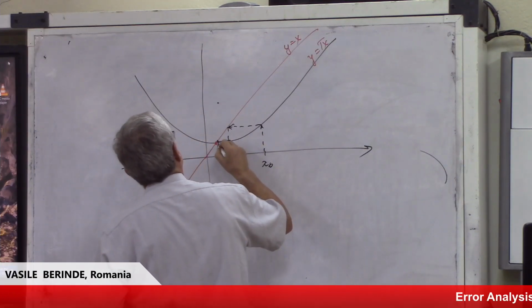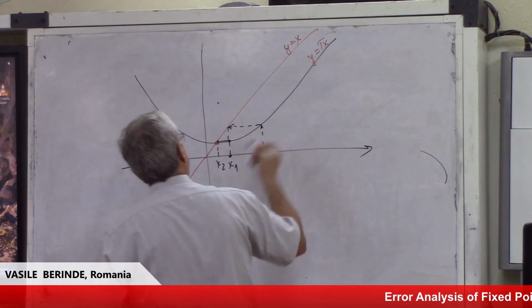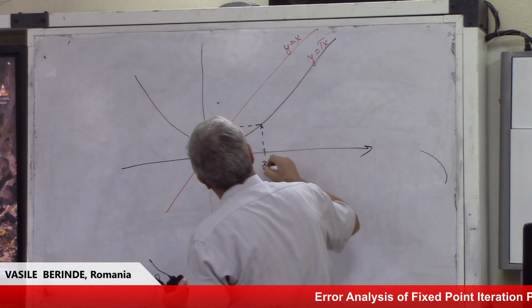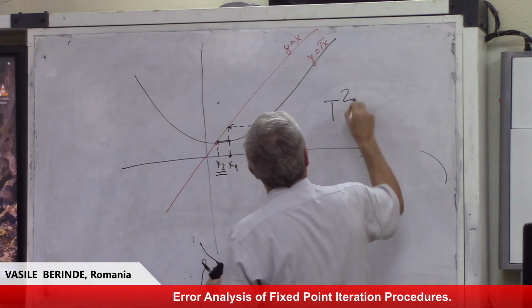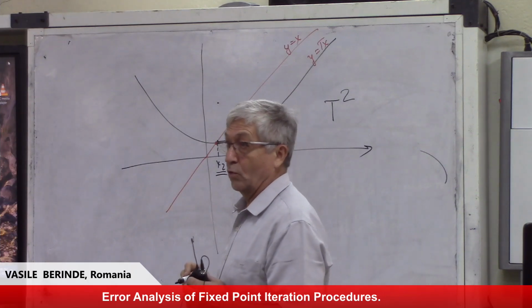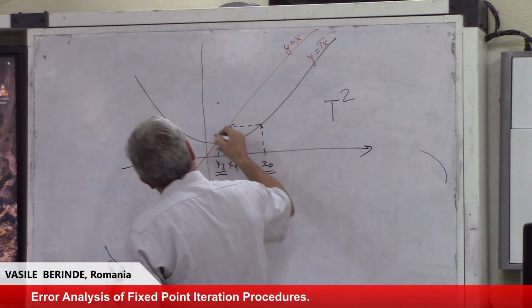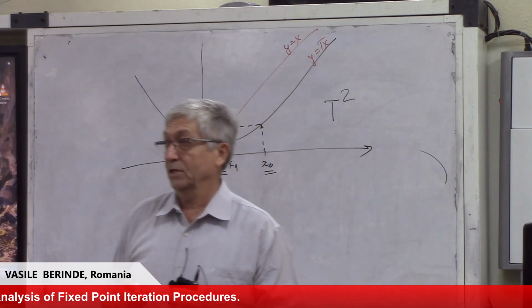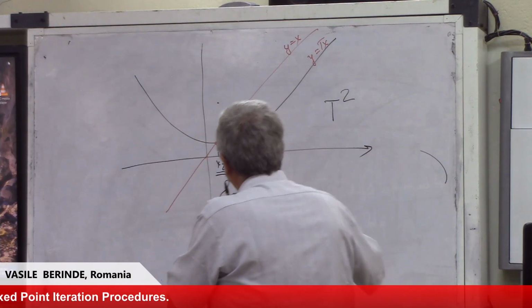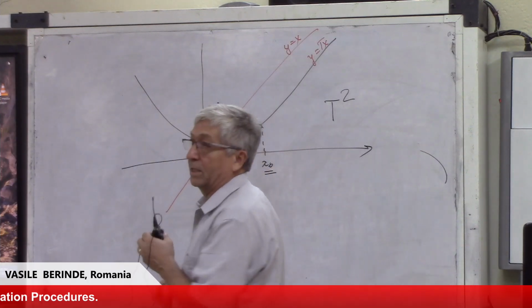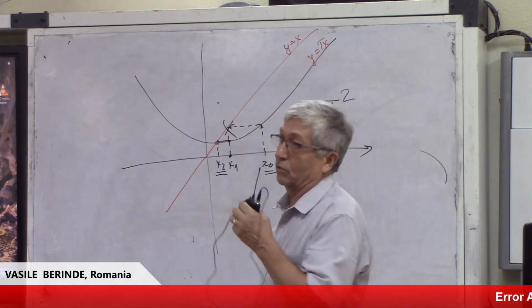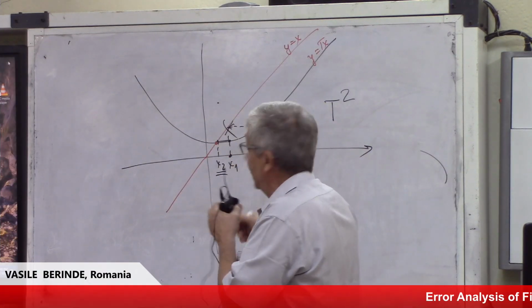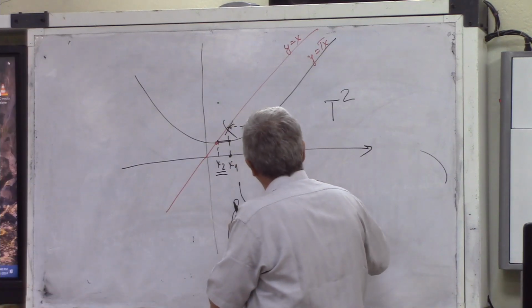It is clear that we'll take x1 and x2 if we have t square, and we can see we approach the fixed point. So what happens is that we skip some intermediate points if it's t square. We represent it on the same graph, but we just keep x1.